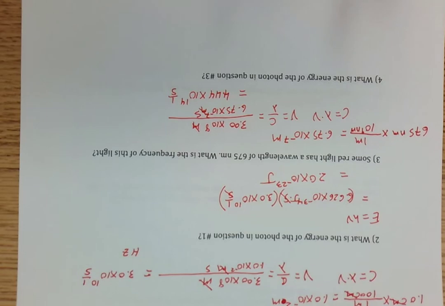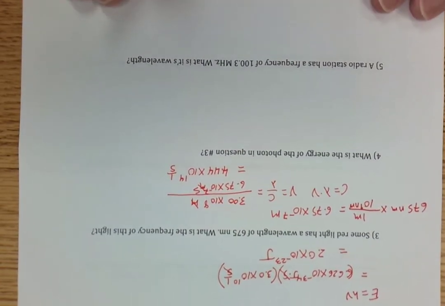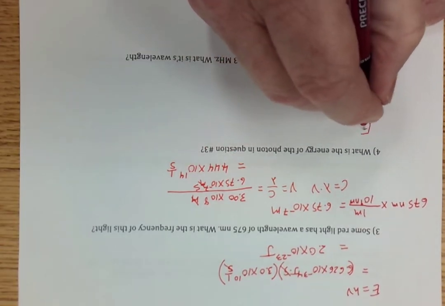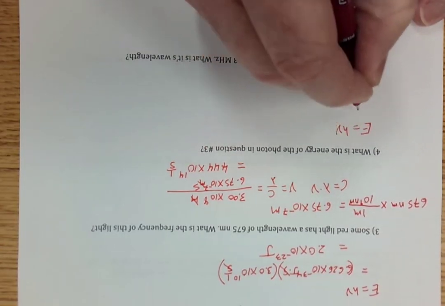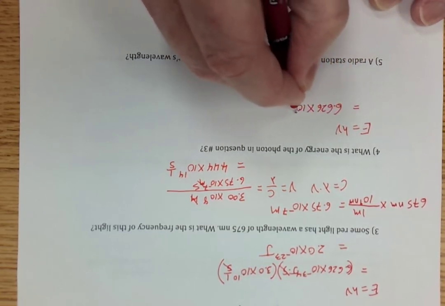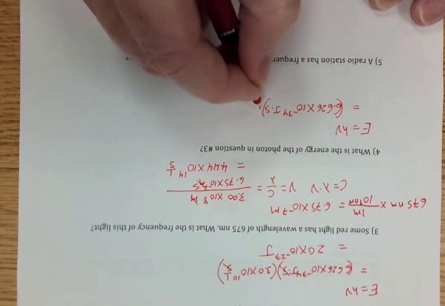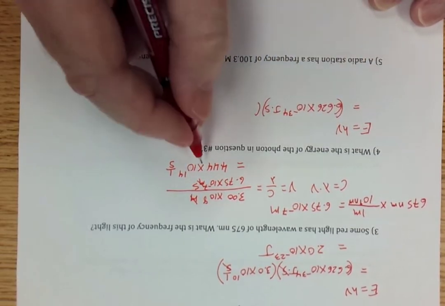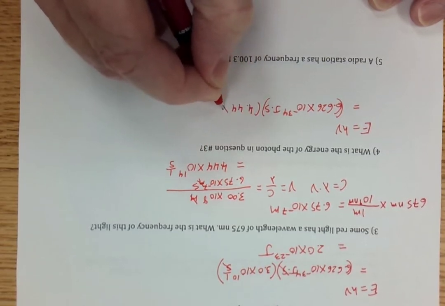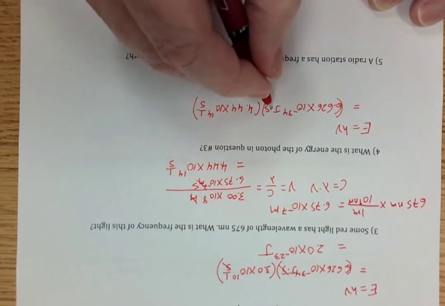Okay? And as always, you could call that hertz. And the energy of that photon, E equals h nu, will equal 6.626 times 10 to the negative 34th joule times seconds, multiplied by the frequency I just got here, 4.44 times 10 to the 14th, 1 over seconds.